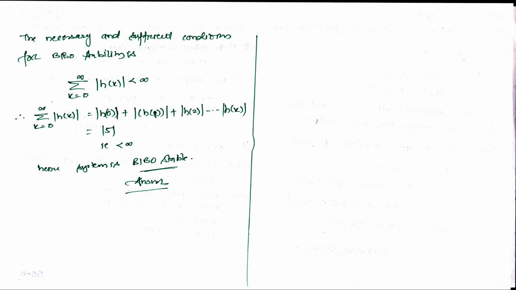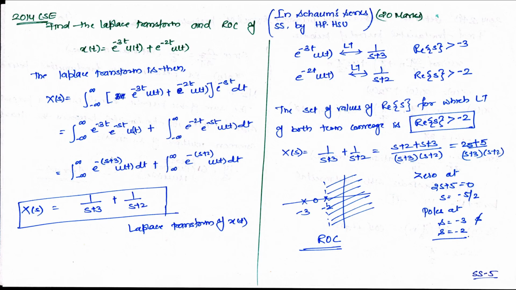So let us see what I am doing in the next portion. I am writing this BIBO stability equation for you, expanding it and substituting the values of the various h values. Obviously the rest of these h values are 0, and in this case h of 0 is 5, which is obviously less than infinity, hence the system is BIBO stable. So the system is linear, time invariant, and stable also.